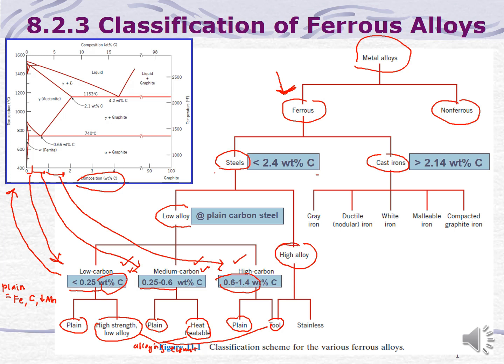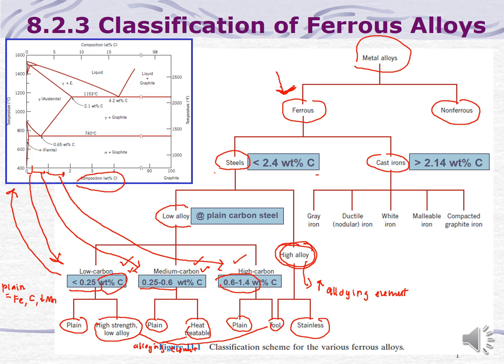High alloy means that the alloy consists of a high percentage of the alloying element, for example, stainless steel.